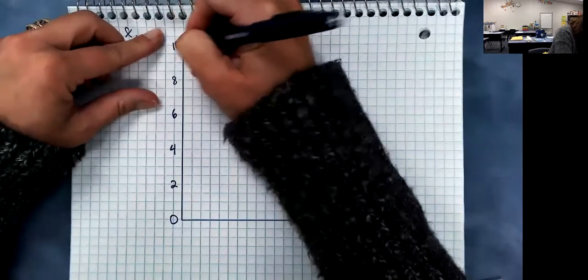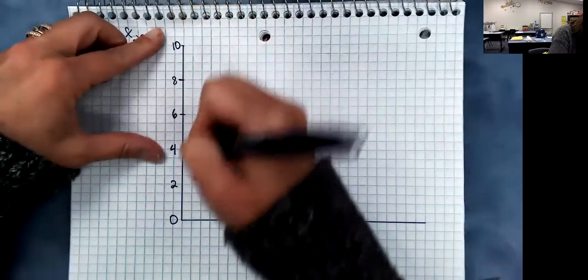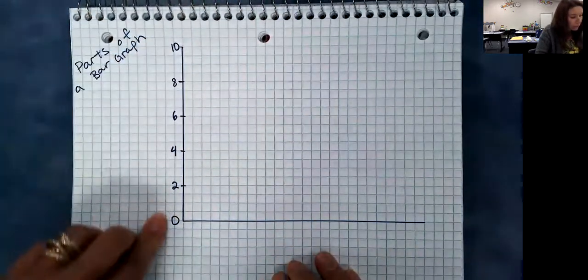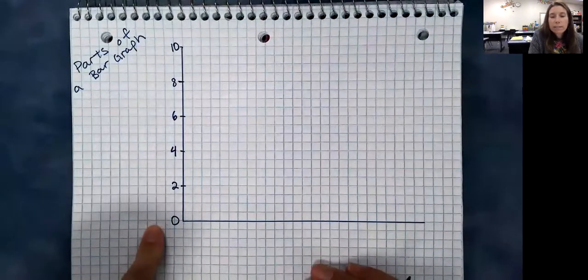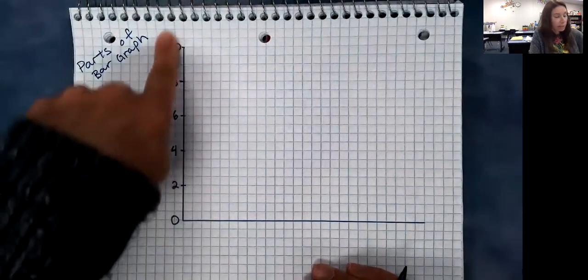Okay, so if you went back, you would notice my numbers are on the line. Okay, nice and evenly spread out. The scale goes up by 2s. Okay, this is the scale.